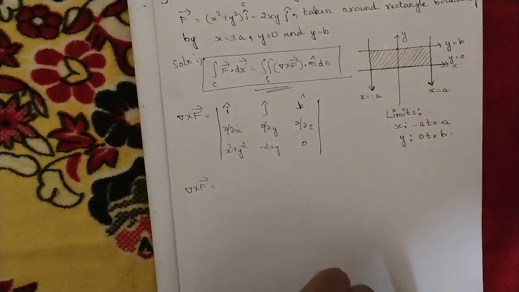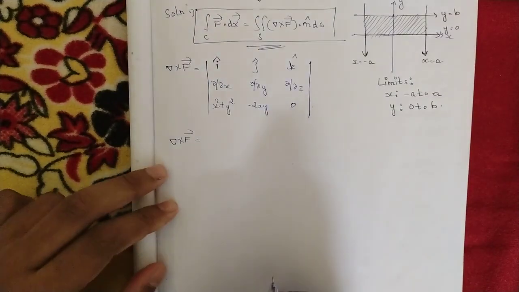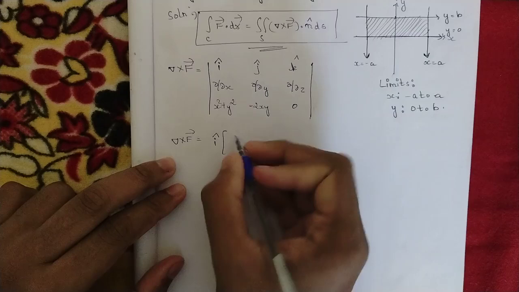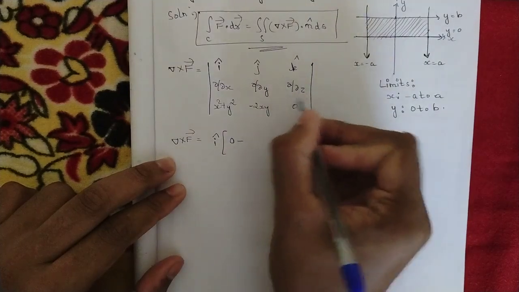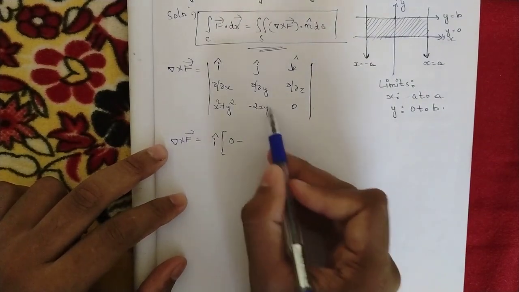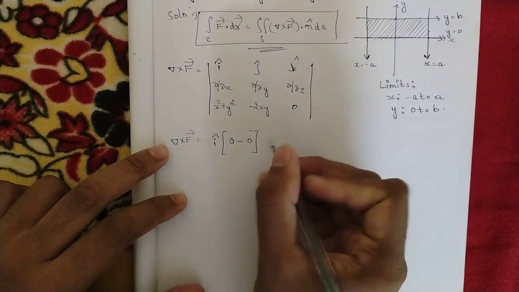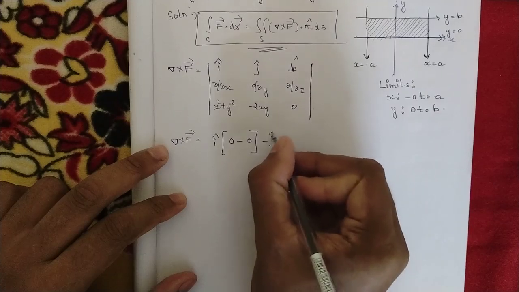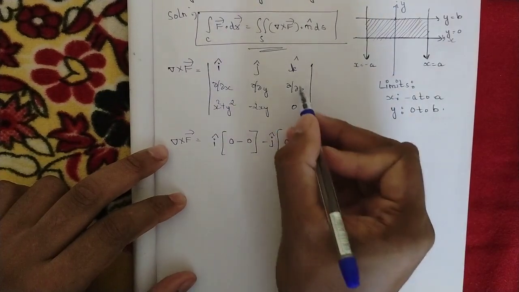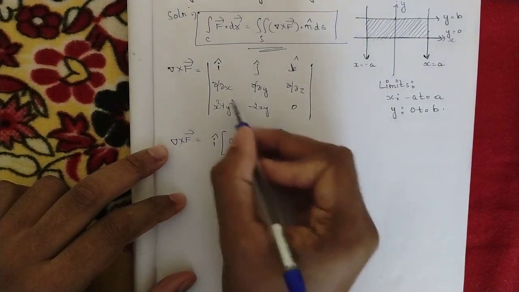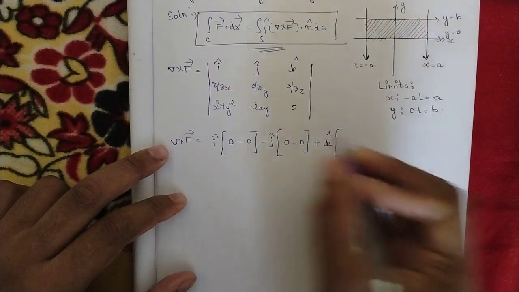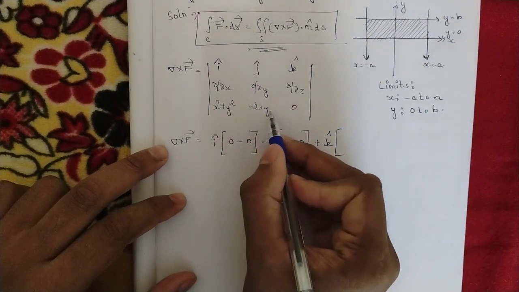Del cross F: i cap into these two, dou by dou y into 0, that is 0, minus dou by dou z into this term. Here we should partially differentiate with respect to z, but we don't have any z term, so it is 0. Minus j cap into these two terms: dou by dou x into 0 is 0, dou by dou z into this term, again we don't have any z term, so again it is 0. Plus k cap into dou by dou x of minus 2xy.